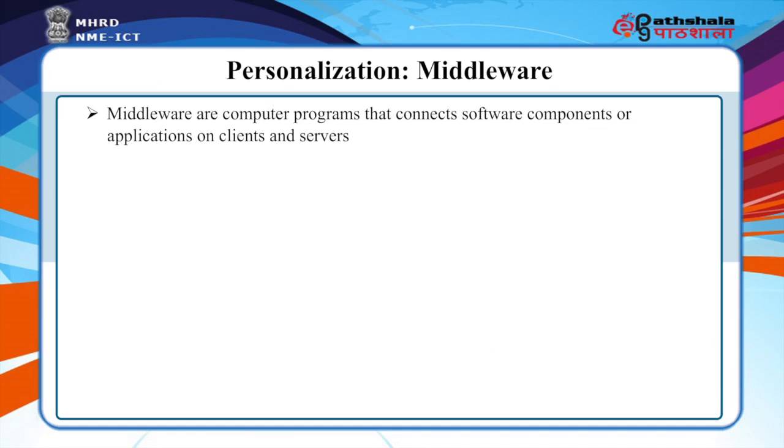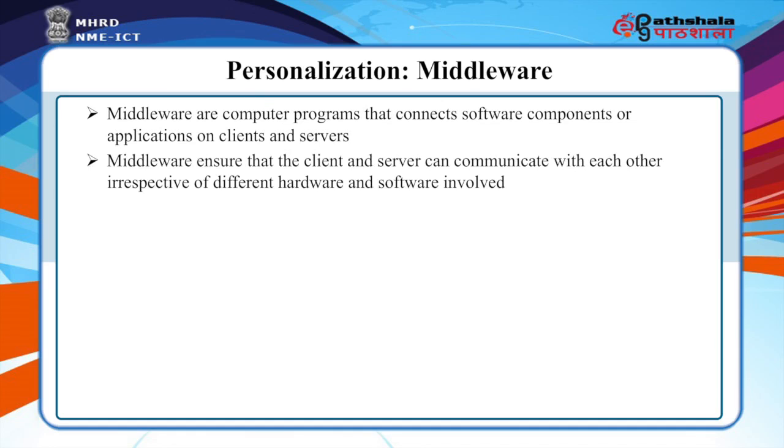Middleware are computer programs that connect software components or applications on clients and servers. Middleware ensure that the client and server can communicate with each other irrespective of different hardware and software involved.